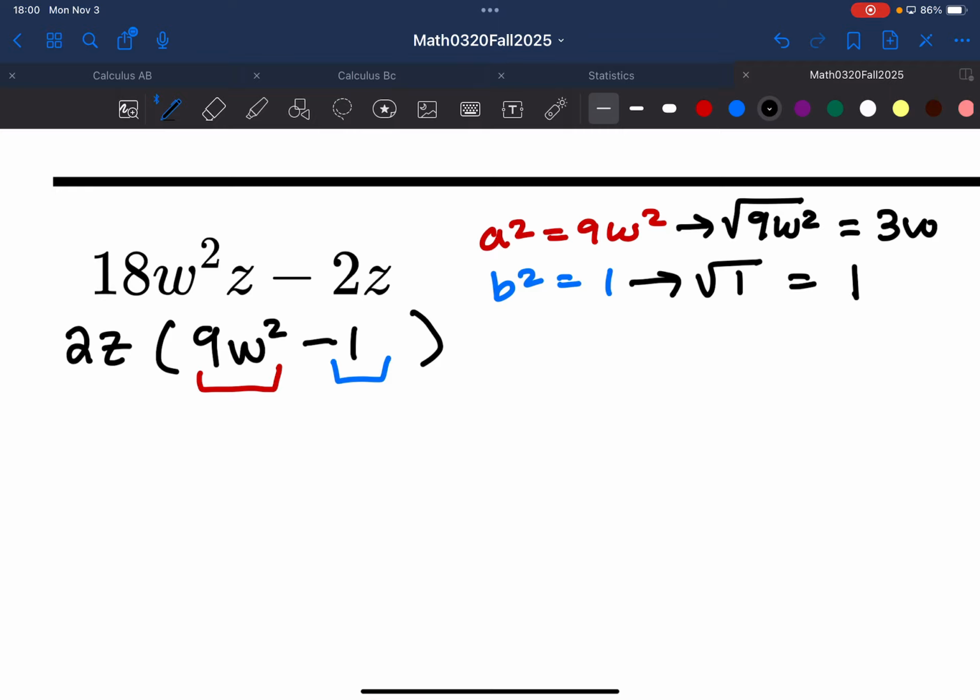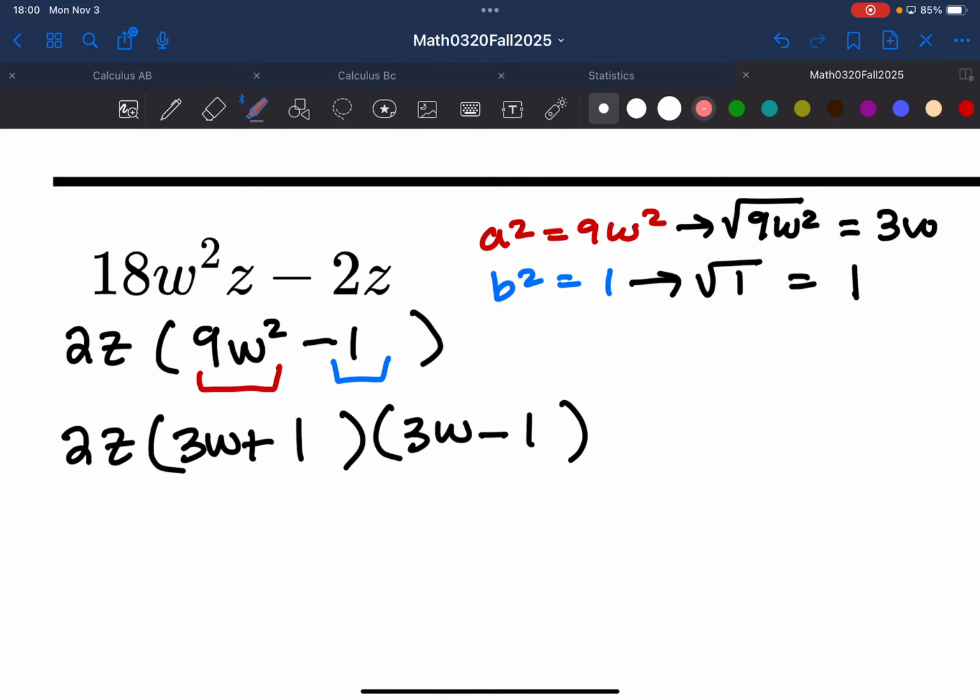So when I write my parentheses, I'm bringing down my GCF. That's going to come with me. And then when I do my parentheses, I know one is going to be plus and the other is going to be minus. What would my first parenthesis look like? 3w plus 1. And then what's my second parenthesis? 3w minus 1. This whole thing is my answer.